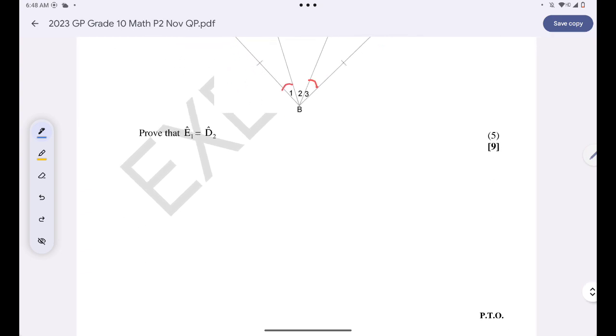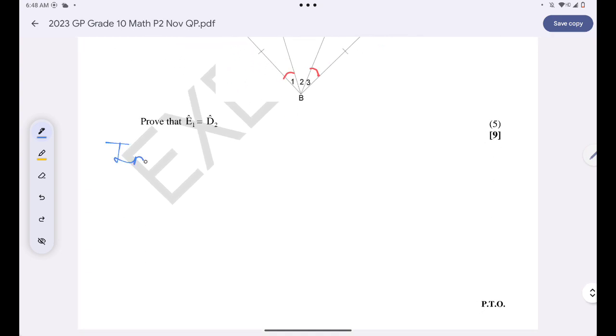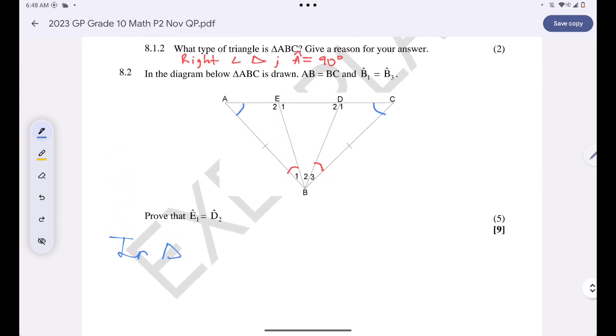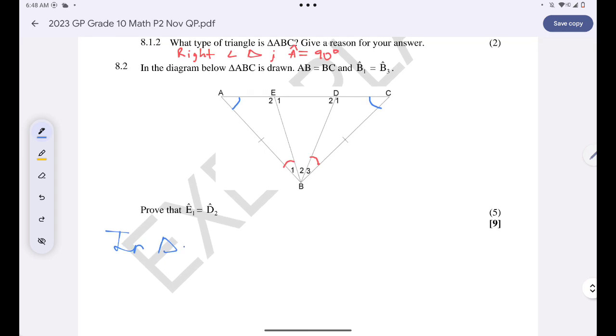We're comparing two triangles here, ne? So you can say that in triangle AEB and triangle DBC, AB is the same as BC. This was given to us.